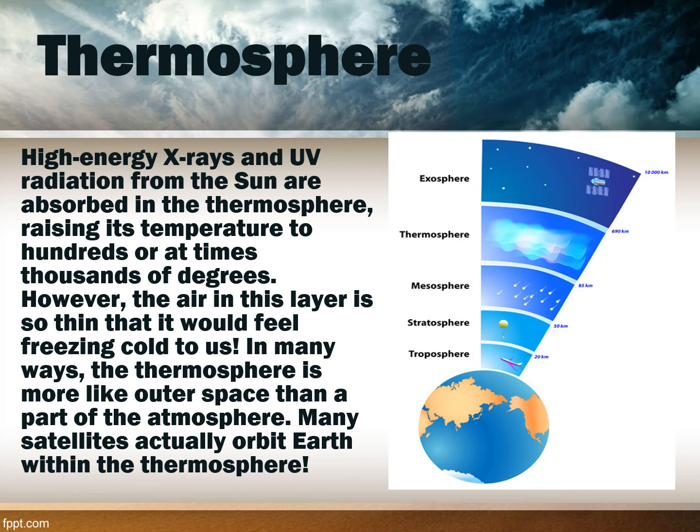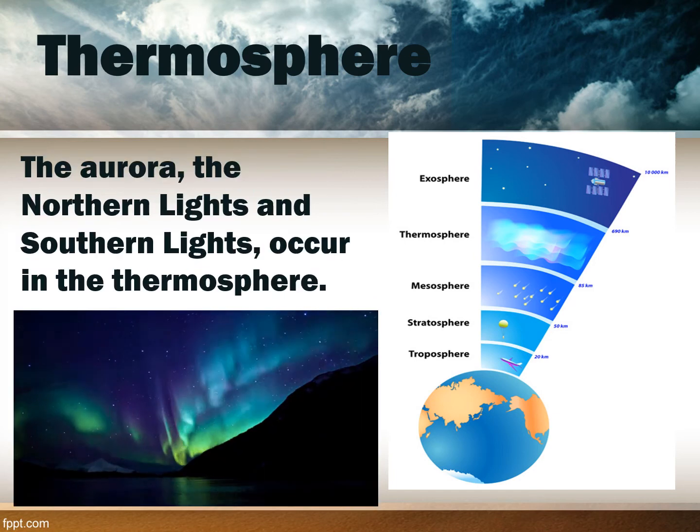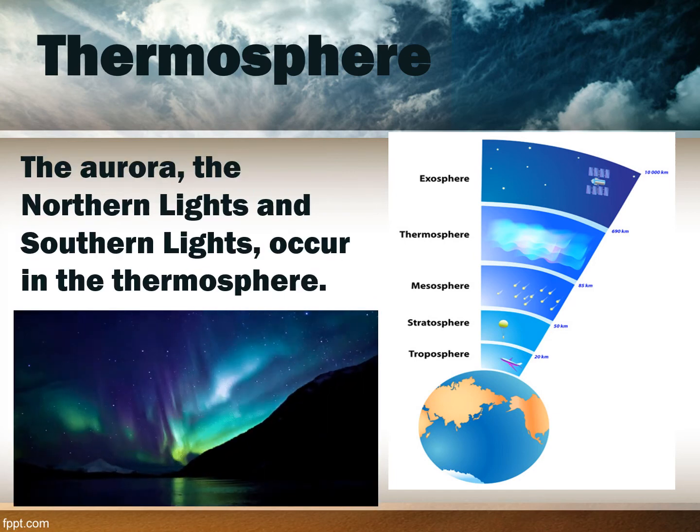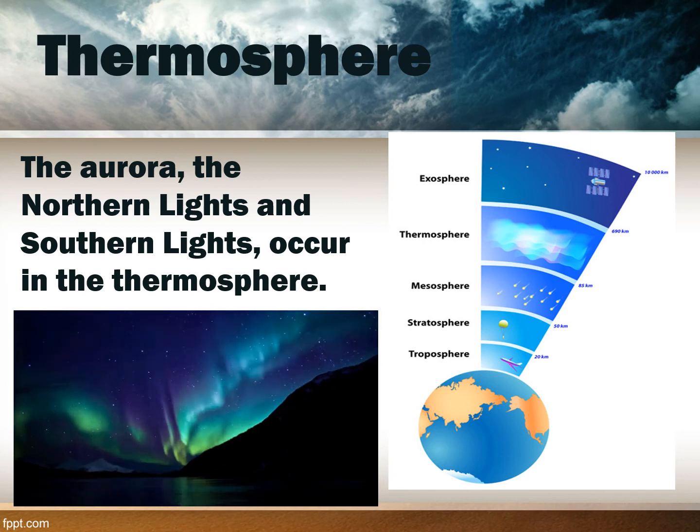However, the air in this layer is so thin that it would feel freezing cold to us. In many ways, the thermosphere is more like outer space than a part of the atmosphere. Many satellites actually orbit the Earth within the thermosphere. The aurora, the northern lights and the southern lights usually occur in the thermosphere.